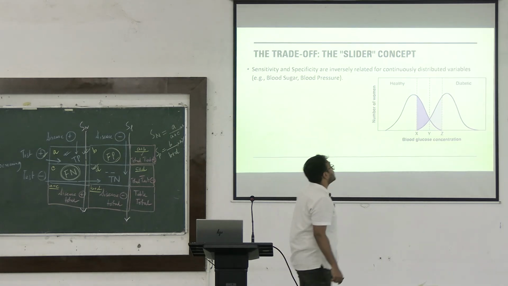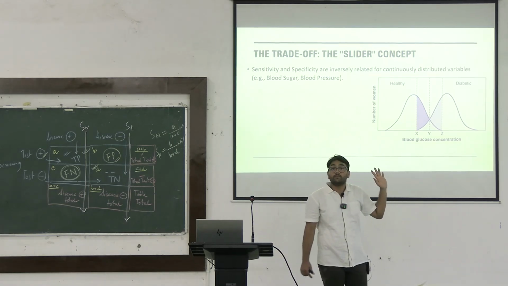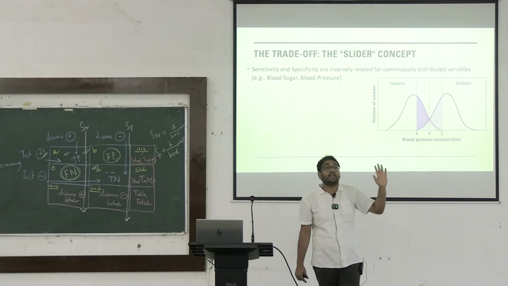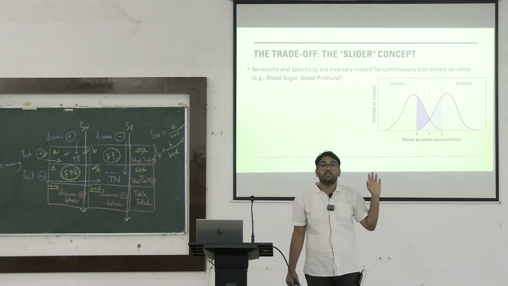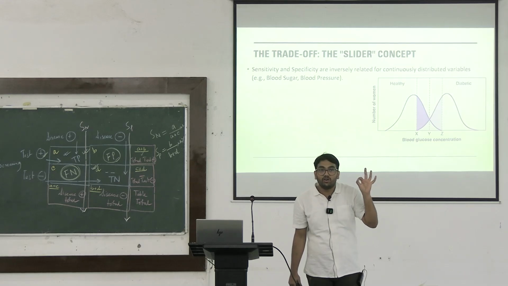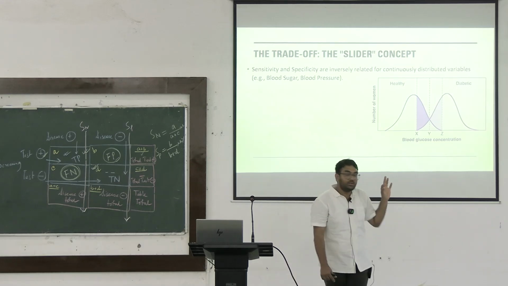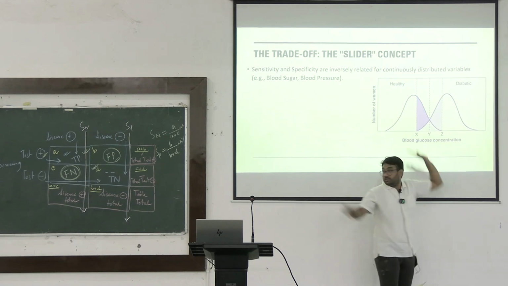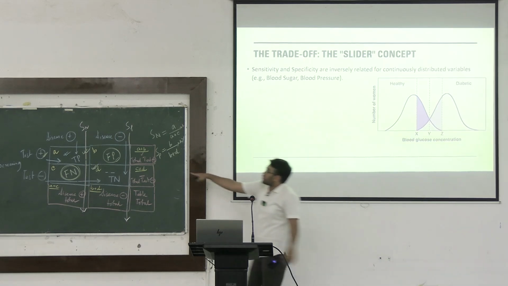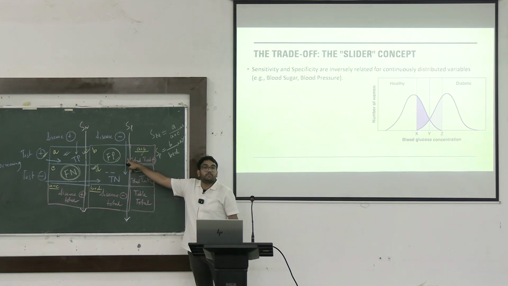So how many false positives? If I move the cutoff to z, how many false positives? 0, no false positives. Everyone is a true negative. If everyone is a true negative, that means there are no false positives.